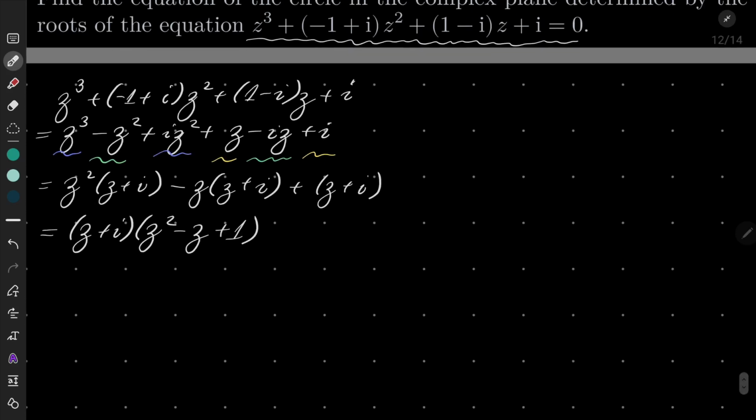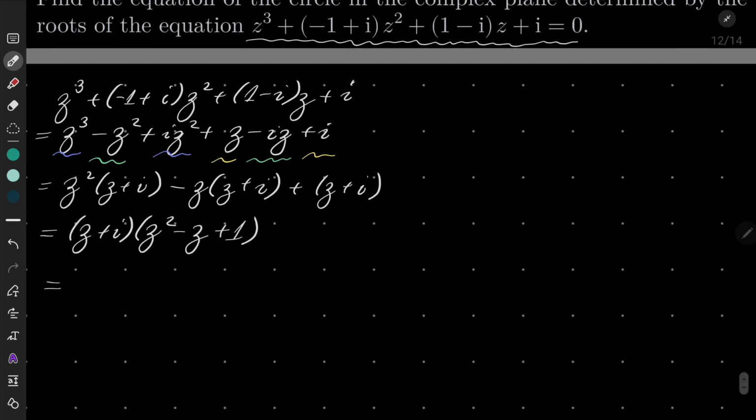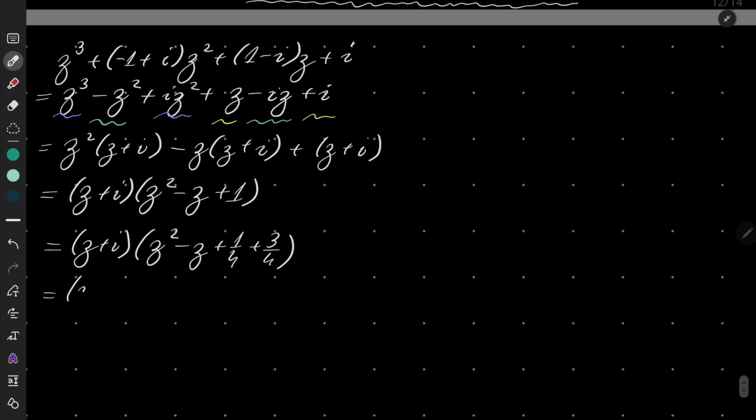Now, there is no need to use the quadratic formula, I think. Maybe I will write it like this: z squared minus z plus 1/4 plus 3/4. Now it's (z minus 1/2) squared plus 3/4.